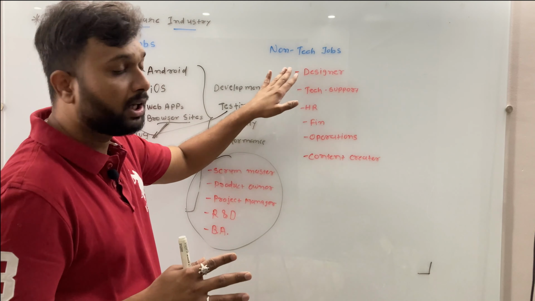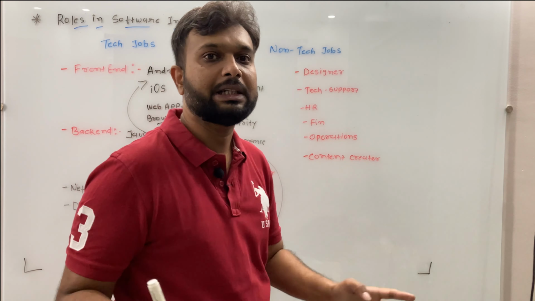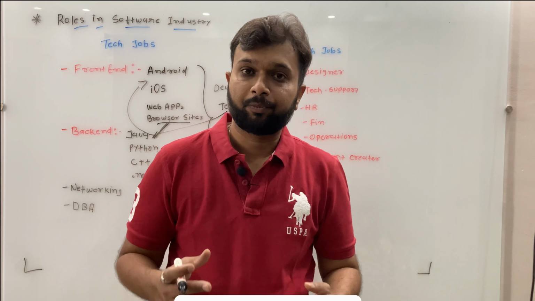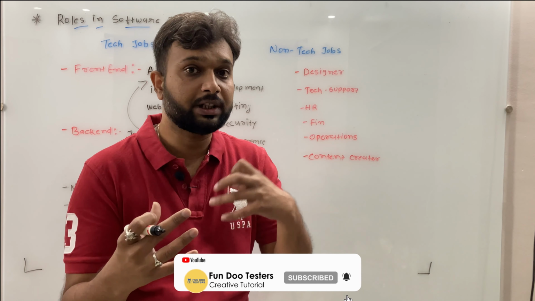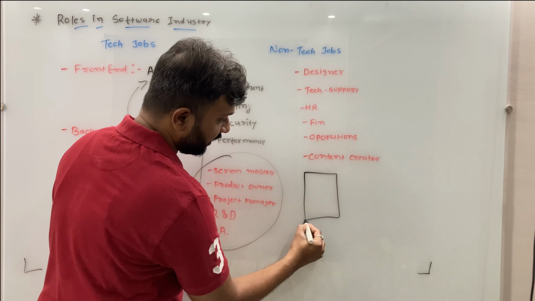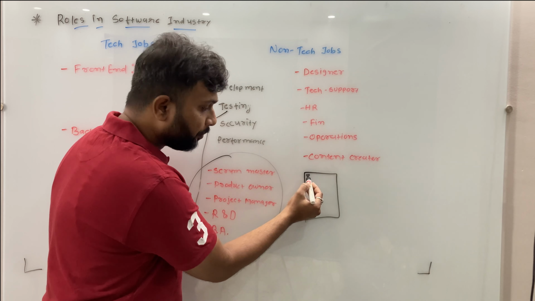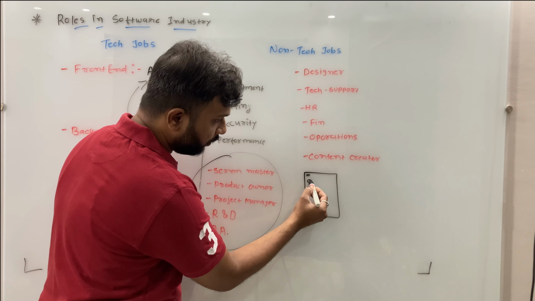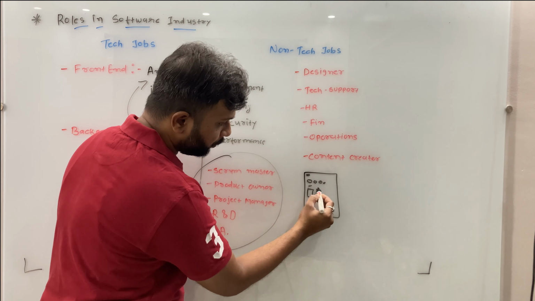So basically, the first one is a designer. In design, basically they will design the application. For example, I'm using the Instagram application. What is the user experience? What will the designer do? They are going to design the screen of the application. For example, here the company name or logo should be displayed, here all the stories should be displayed, here the profile name, here all the posts should be displayed.